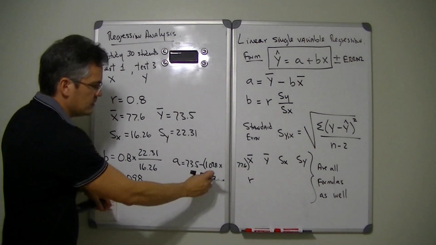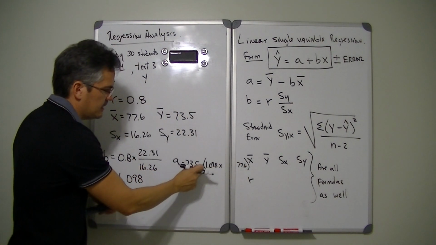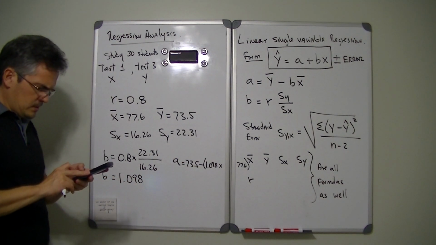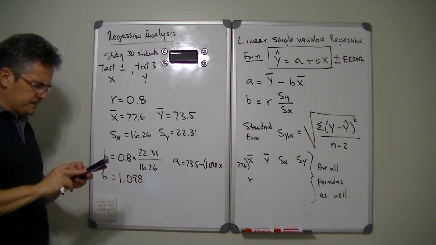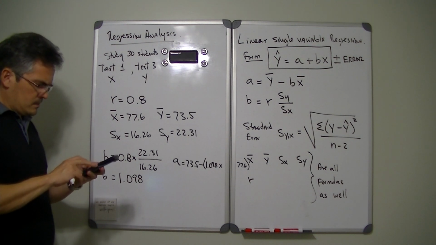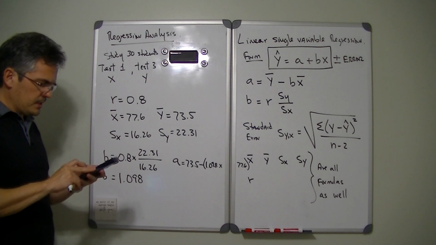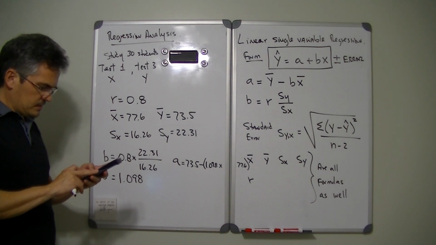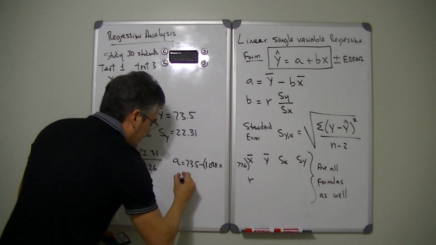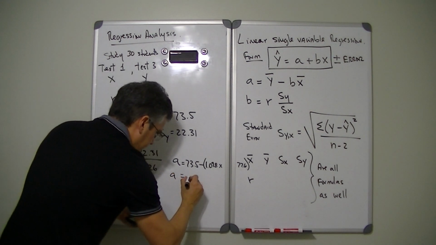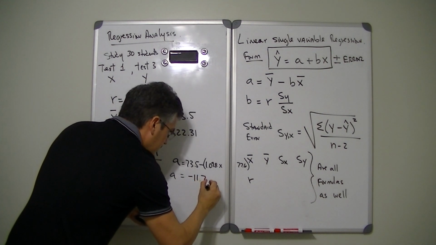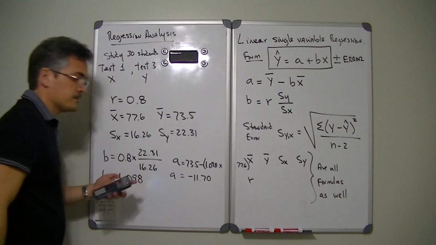Okay, so again, I gotta do this times that, and then take it away from that. So 73.5 minus 1.098 times 77.6. Okay, and for my a, I got negative 11.70. Okay?